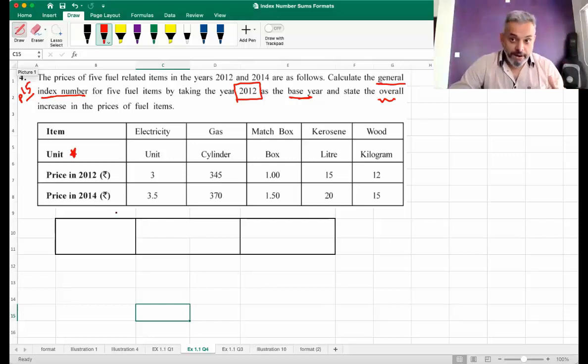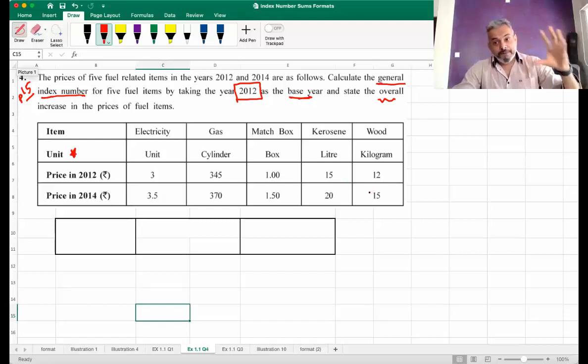Now, price in the year 2012 for electricity was 3 rupees. For 2014 it became 3.5. So we have to find what is the index number for electricity, similarly for gas, similarly for matchbox, similarly for kerosene and similarly for wood. So we will find the index number of each separately and then take their total and find general index number.